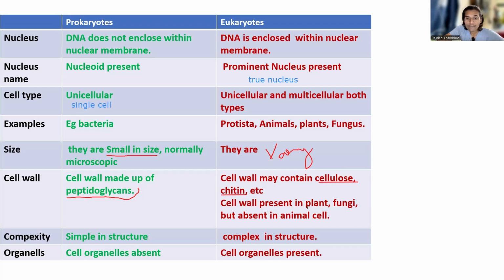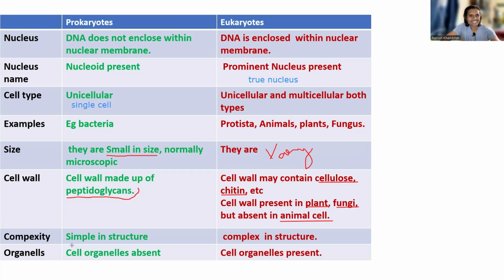Cell wall is present in plants and fungus, but it is absent in animal cells. Animal cells are devoid of cell wall. Animal cells are eukaryotic organisms, and plant cells and fungus cells are also eukaryotic organisms, but they have a cell wall present in them.